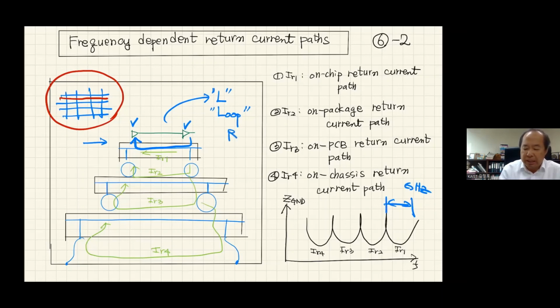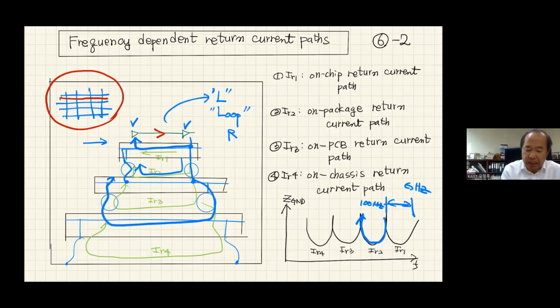So at some frequency ranges, the ground will be connected to package ground, and return current has to go through the package substrate. And that could be a range from 100 megahertz to gigahertz. In some cases, the signal current will go through the signal line, and return current has to go through the package.